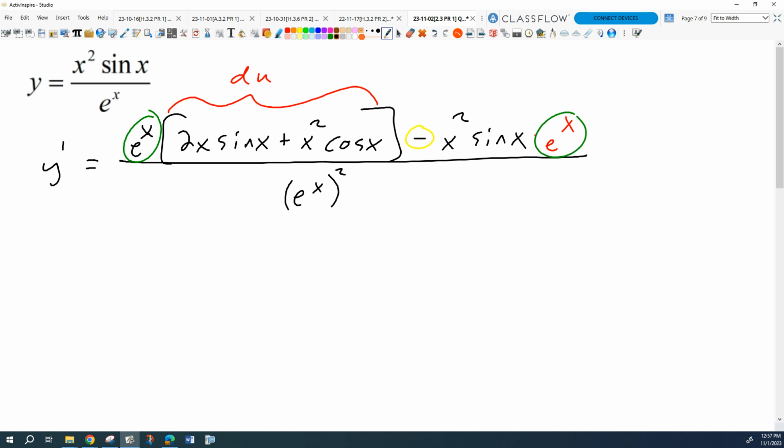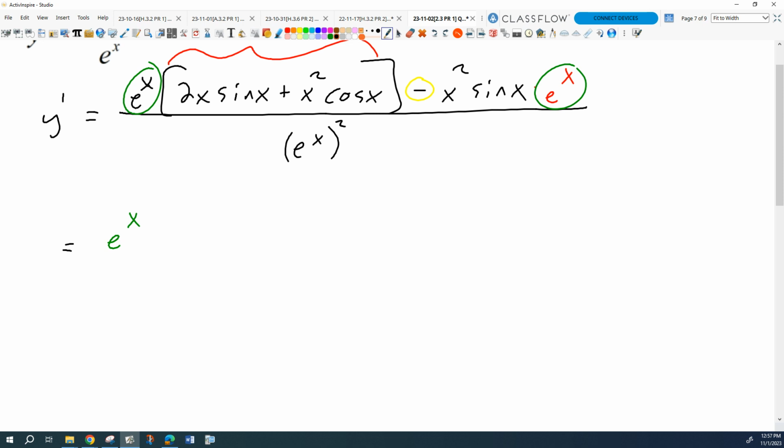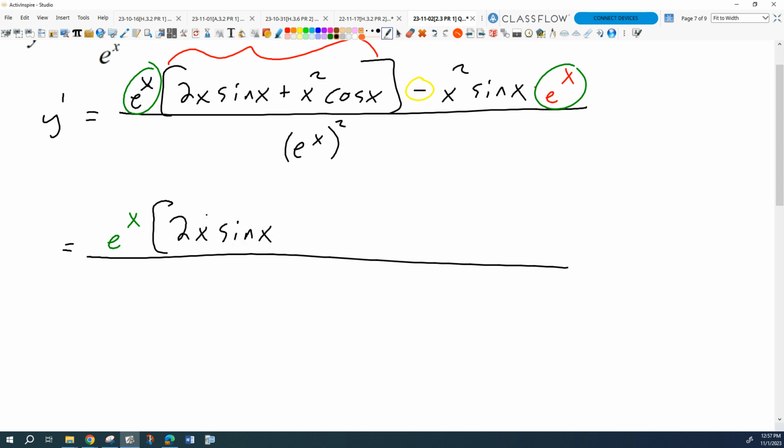And so what are we getting here then? Well, we got our e to the x that we factored out of the top. What else is left in the numerator? 2x sine x plus x squared cosine x minus x squared sine x divided by e to the x squared.